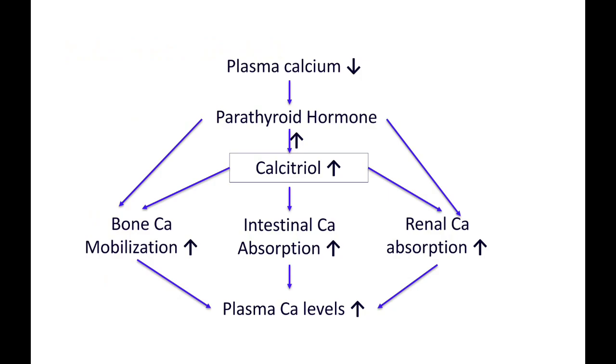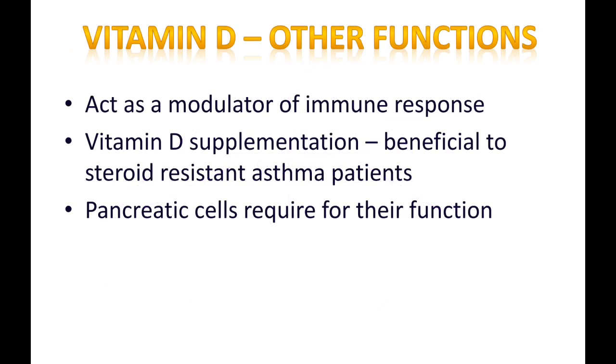In bone, calcium is mobilized and resorption increases, whereas in the intestine calcium absorption increases along with phosphorus, and in the kidney, that is renal, calcium reabsorption is increased, which ultimately increases the plasma calcium levels. That's why the calcium level is regulated in the blood.